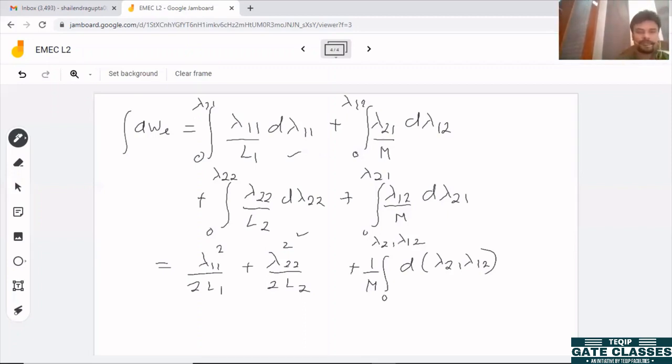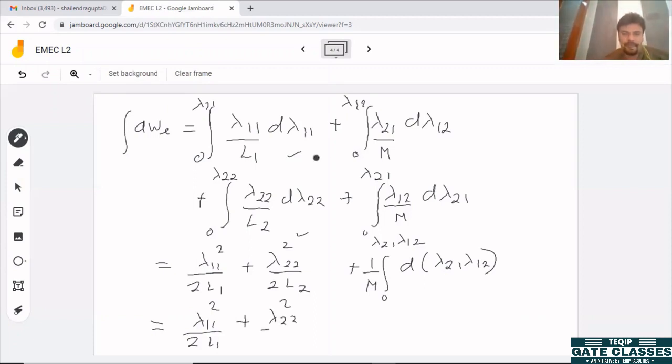So this will come out to be lambda 11 whole square upon 2L1 plus lambda 22 whole square by 2L2 plus lambda 21 lambda 12 by M. So this is our energy input to the non-movable system, and this will be equal to the field energy.